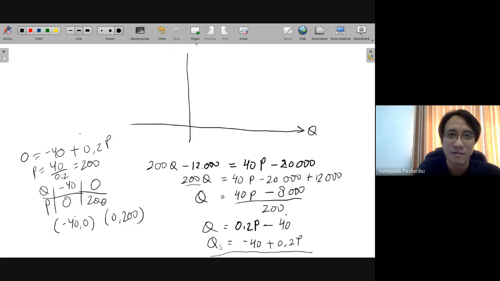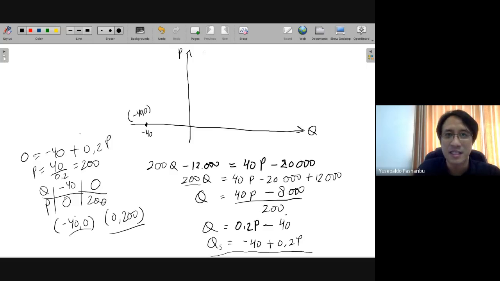This is Q, this is P, and they must be straight. For the first one, minus 40, 0 in this coordinate.